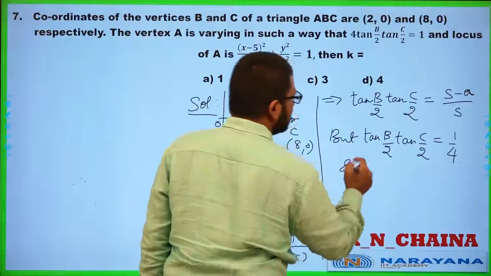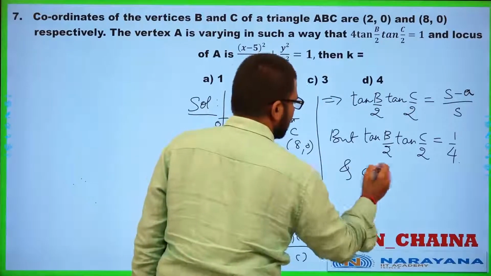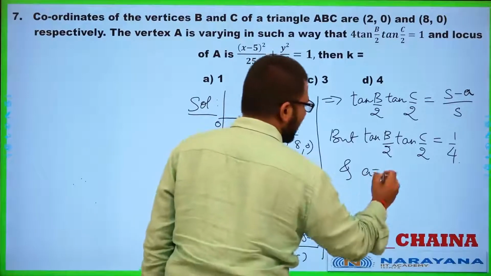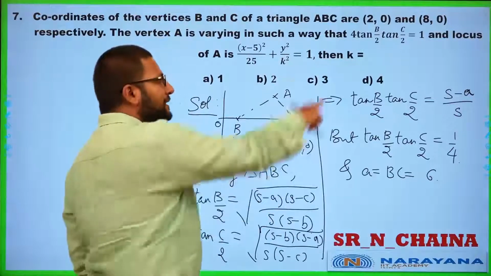Not only this, the value of A is the side opposite angle A, vertex A. So A is the length BC, which is 6 units, correct? Which means I can substitute that.